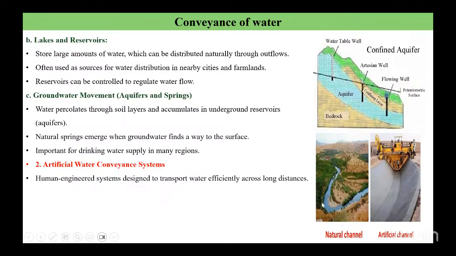This is the natural conveyance system where, due to gravitational force, the water flows down to nearby places, whereas the artificial channels are human engineered, where the water is regulated to distribute to the different sectors.